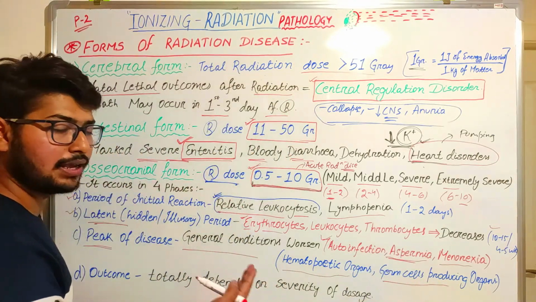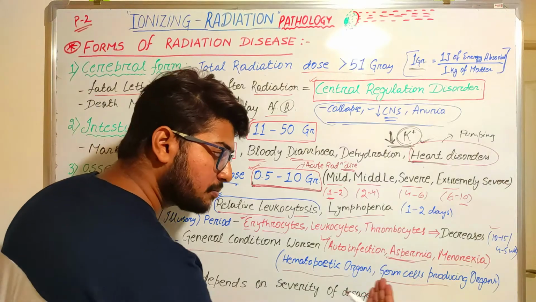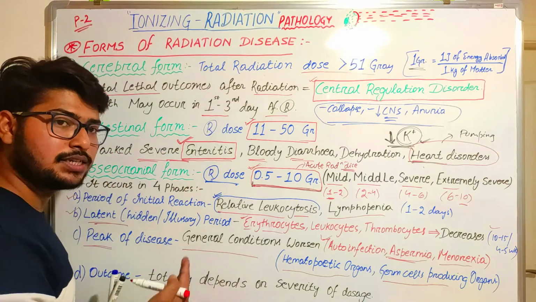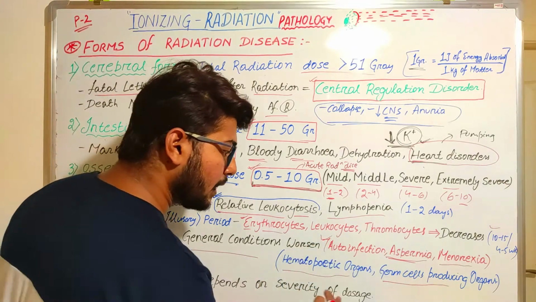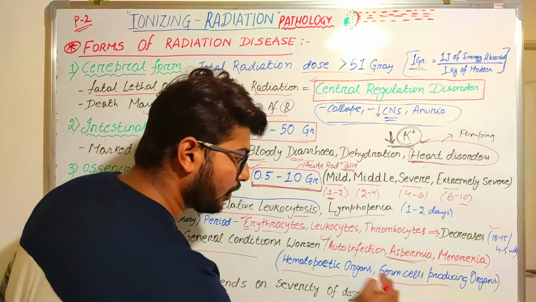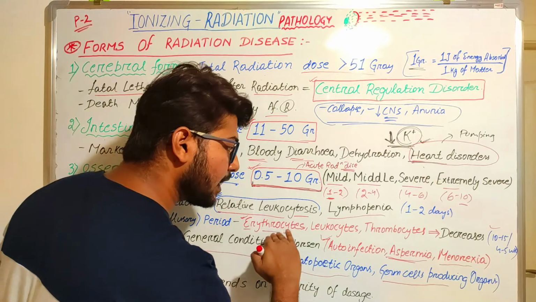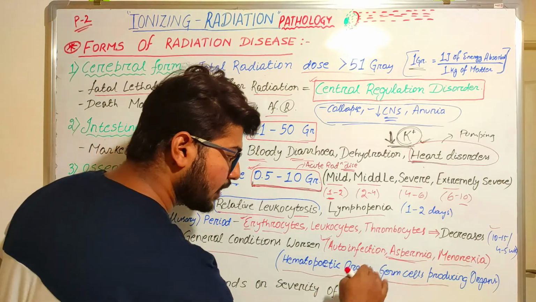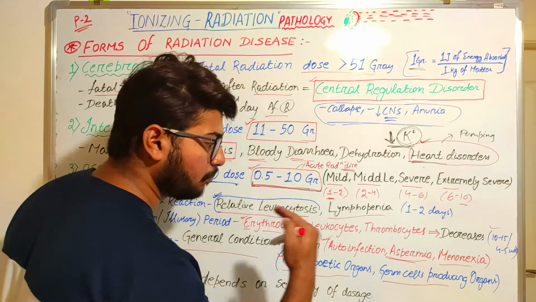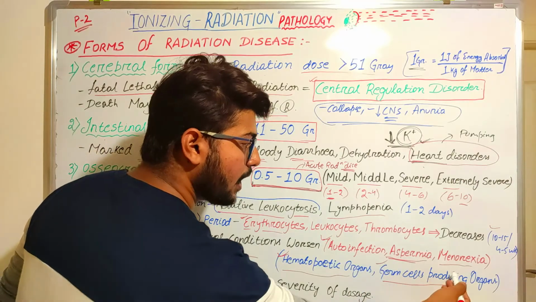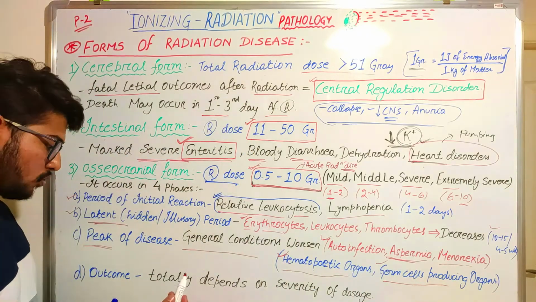Hematopoietic organs like our bone marrow, and germ cell producing organs like testis and ovary. So the organs will get affected. As the organs get affected, there will be a decrease in erythrocytes, leukocytes, thrombocytes, in hematopoietic organs like bone marrow, and aspermia and menorrhexia, of course.